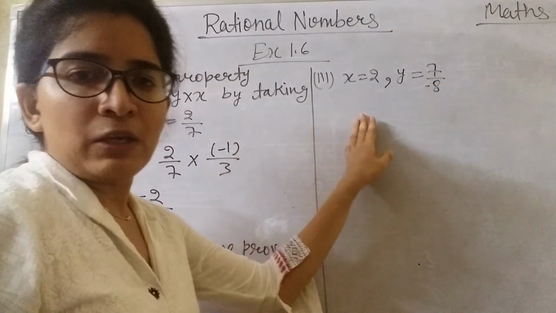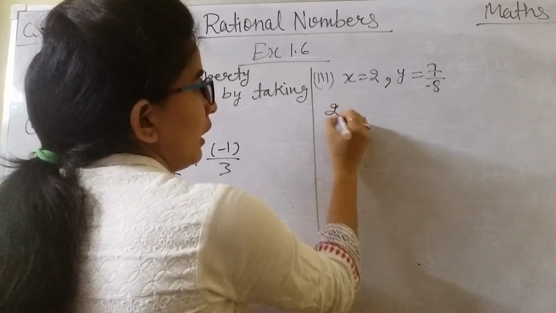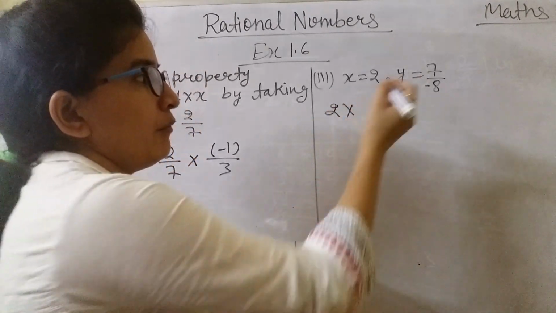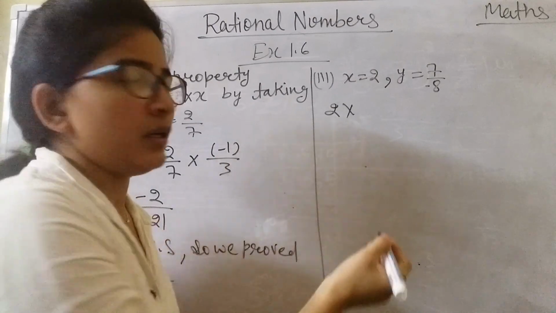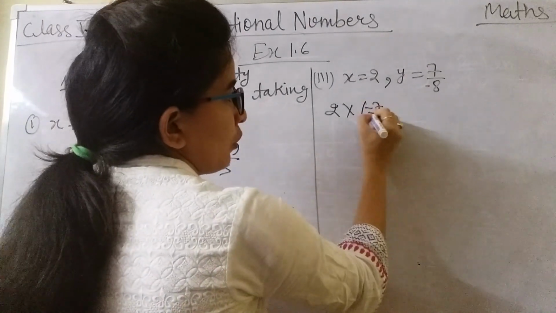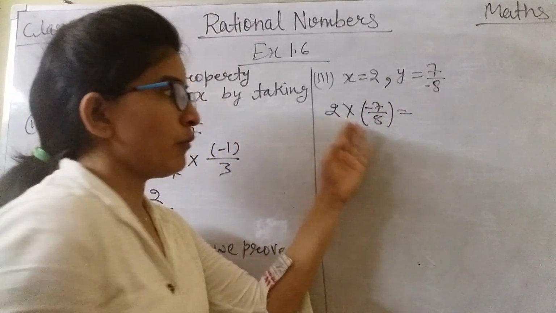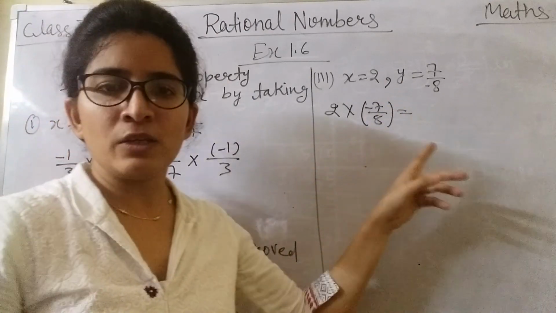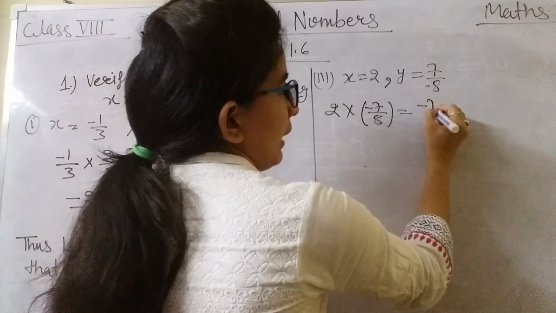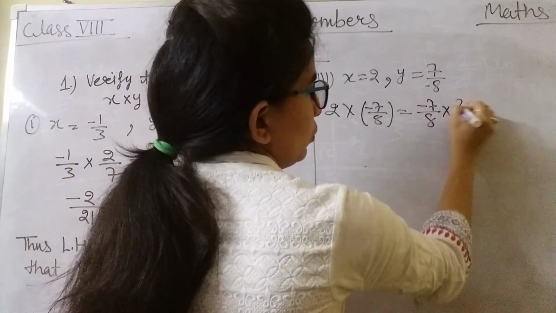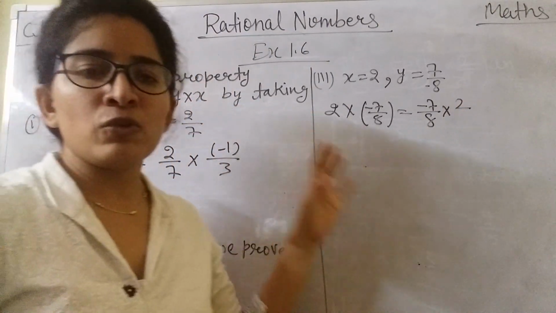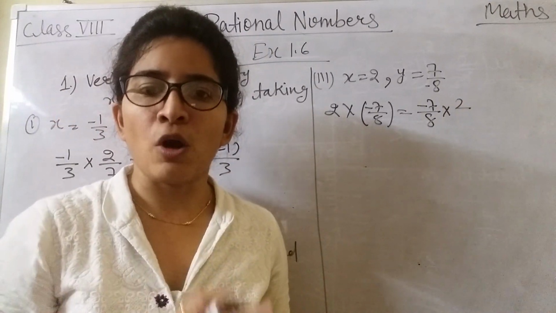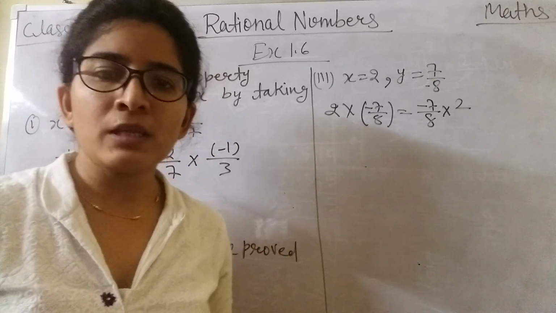Now again the value of x is 2 and value of y is, we will take minus in the numerator, that would be minus 7/8, and now we will take y into x, that would be minus 7/8 into 2. Now again we have to check whether the numbers are divisible by the same number.